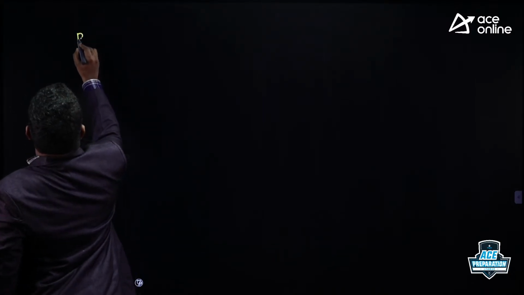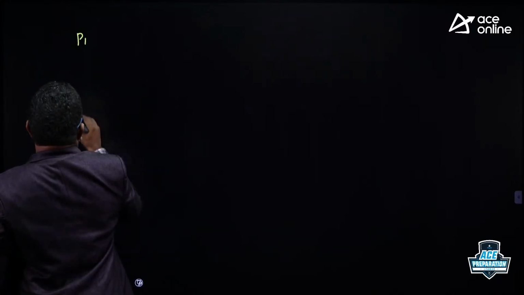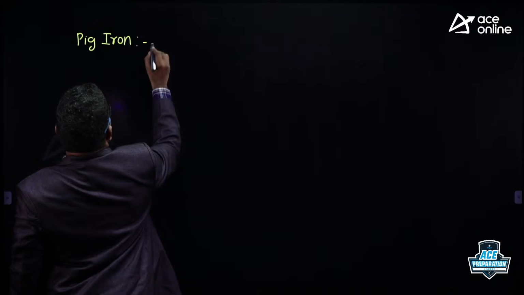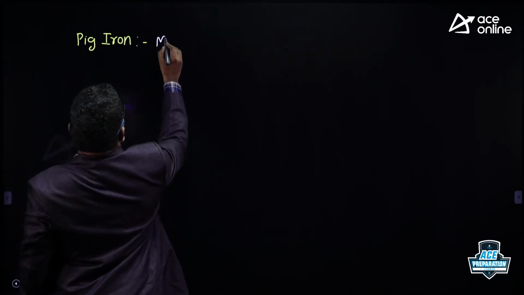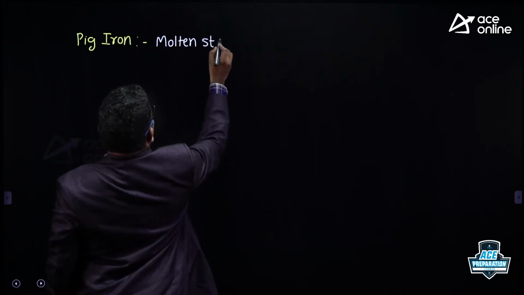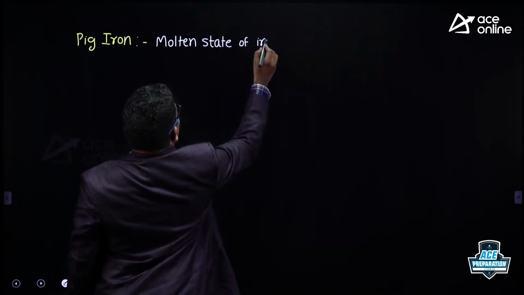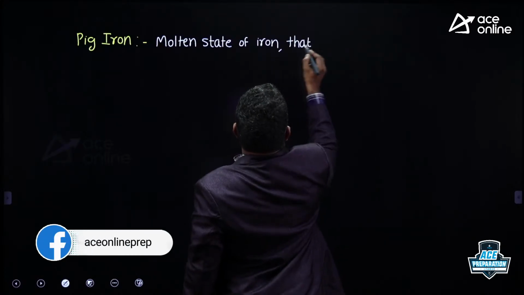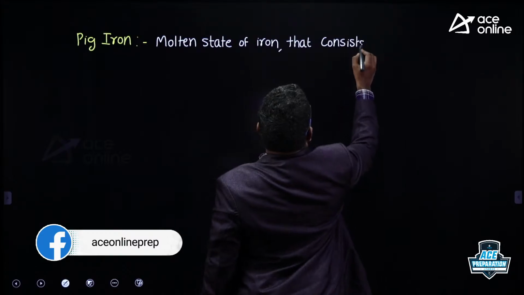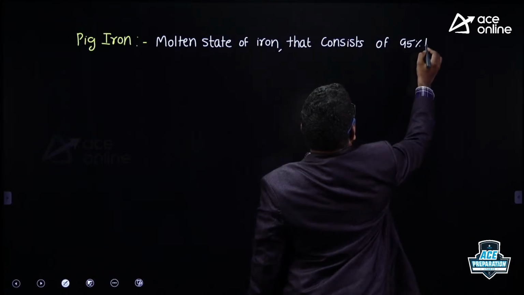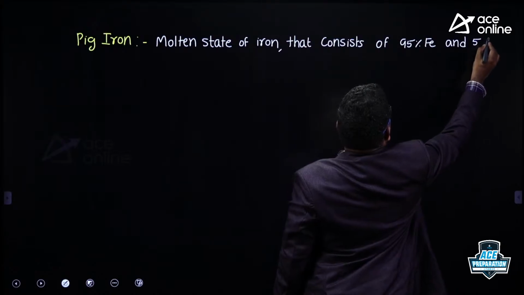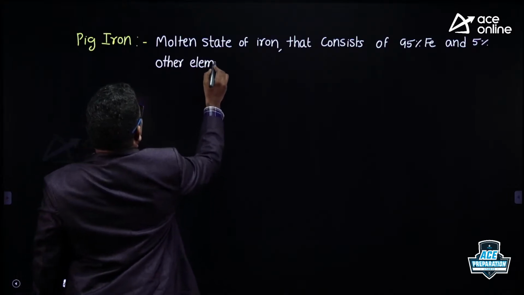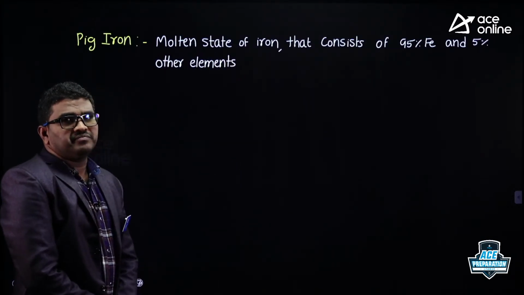Remember, pig iron is nothing but a molten state of iron that consists of 95% of pure iron and 5% of other elements. This is pig iron.